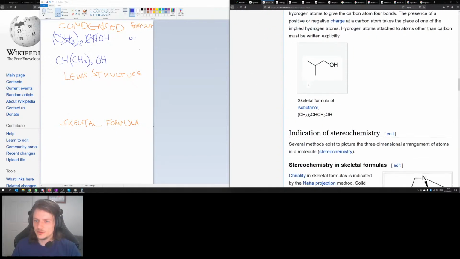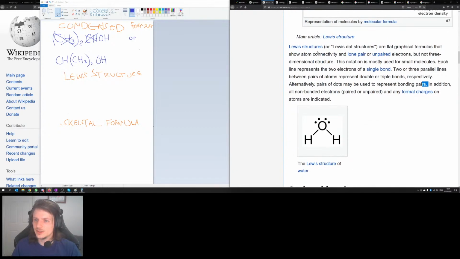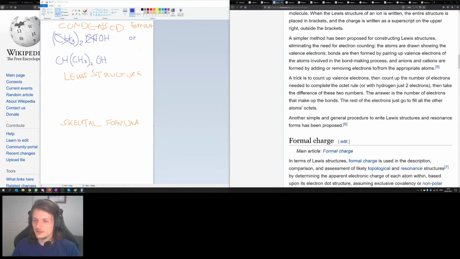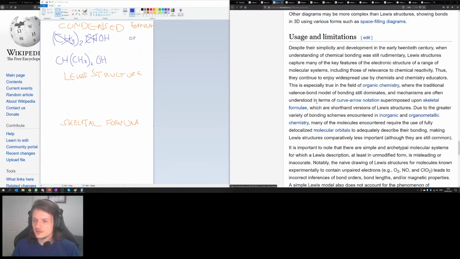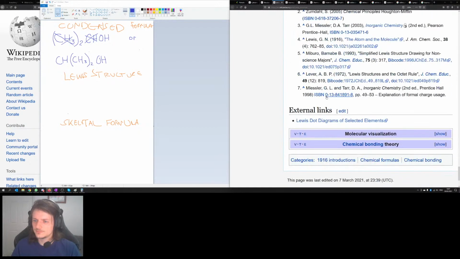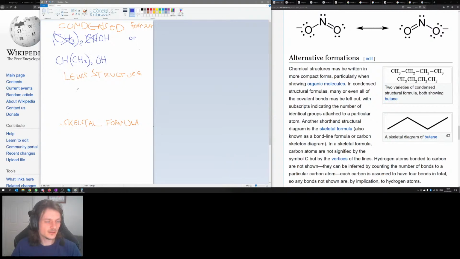But what I do want to do before I move on is go back to a Lewis structure that I know. So let's get one of these bad boys out. Oh no, let's do H2O, so it's oxygen with 2 hydrogen, like that.